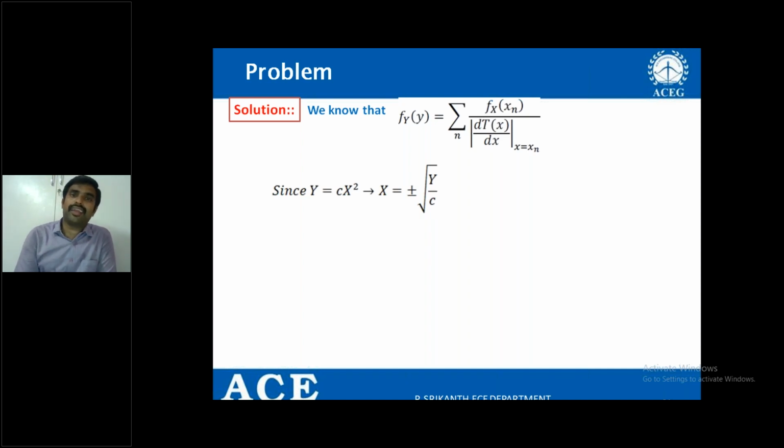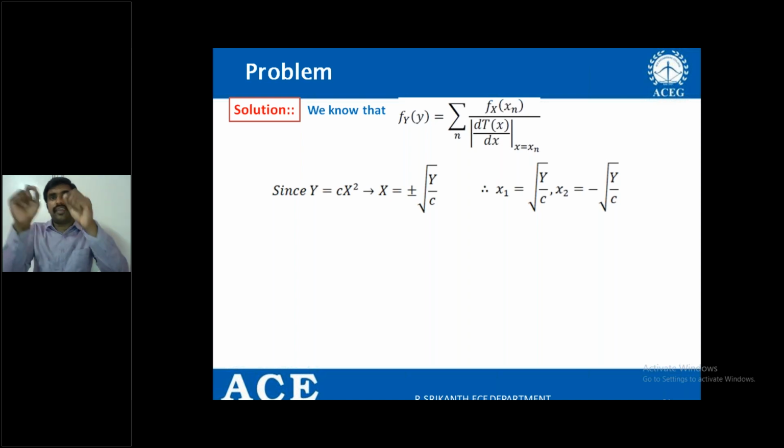So from this, can I write x equal to plus or minus under root y by c? Yes. Now, what are small x1 and small x2 here? Because I have only two possibilities, either plus root y by c or minus root y by c. Therefore, one element in the new random variable corresponds with two elements in the existing random variable.